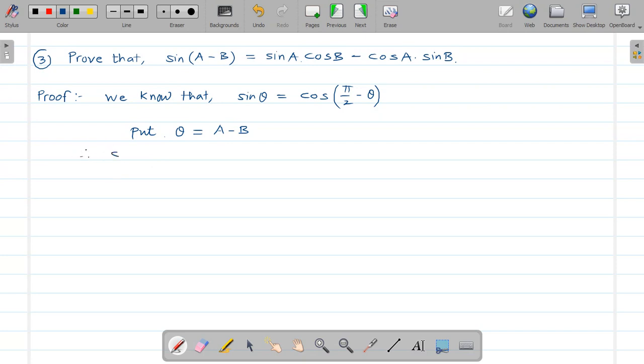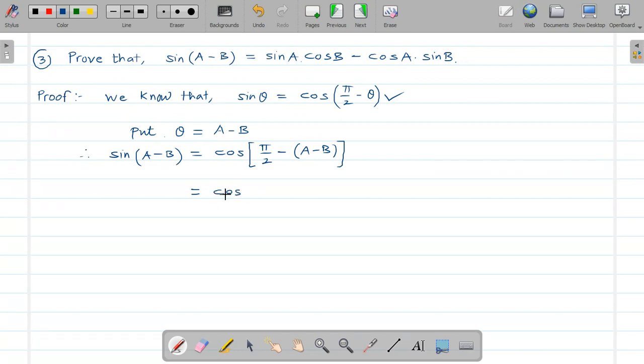Hence we get, see here carefully, sine of, in place of theta I will put a minus b, is equal to cos of pi by 2 minus theta, means a minus b. So in this result we put theta is equal to a minus b and we get this step.